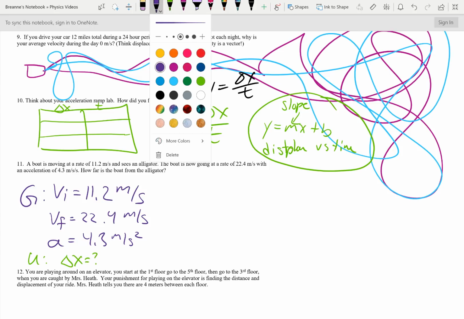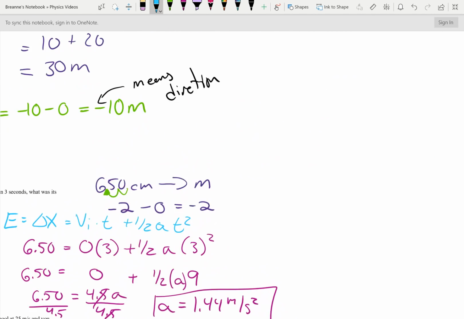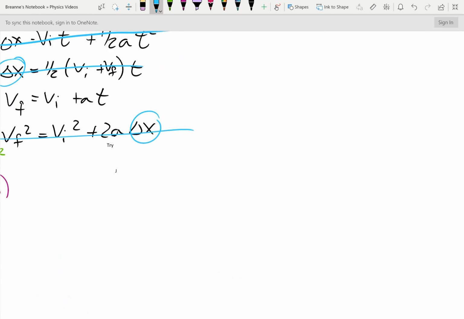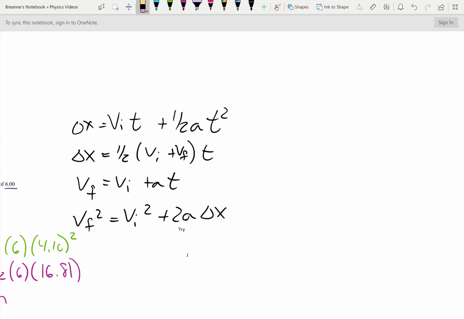So our equation has to have displacement in it. This equation right here does not have displacement in it. We have final velocity, so we can't use that one.